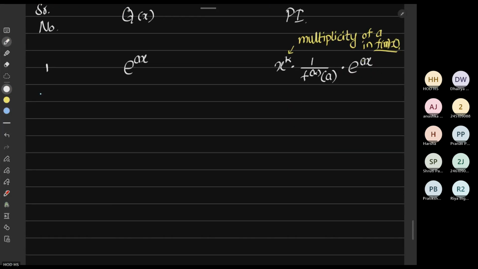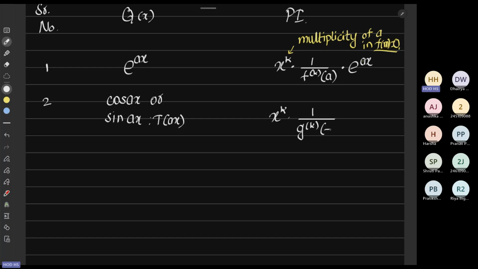Now consider Q of x as cos ax or sin ax. In this case, I will just say it is trigonometric of ax. It will be given by x to the power k into 1 upon f of D, with D square replaced by minus a square, of the trigonometric of ax.